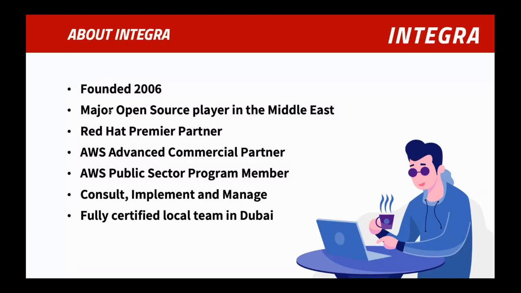We also support Microsoft technologies. We have a fully certified team of Linux, AWS, and Microsoft engineers. Our team is completely based in Dubai, and we are providing the entire life cycle. We provide consultancy, implementation, support, and managed services.